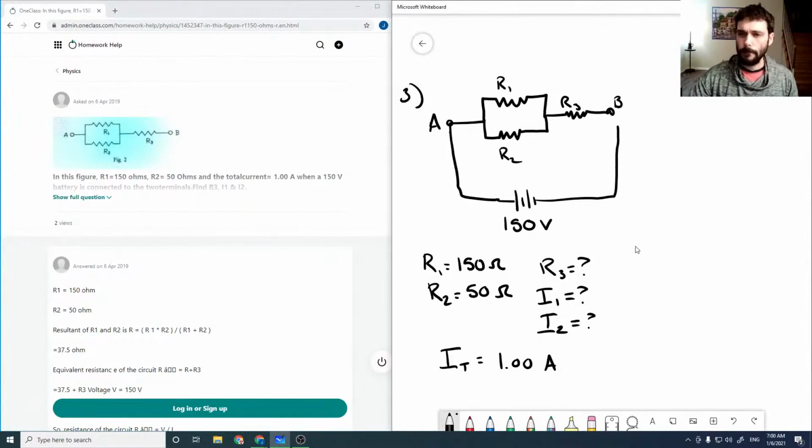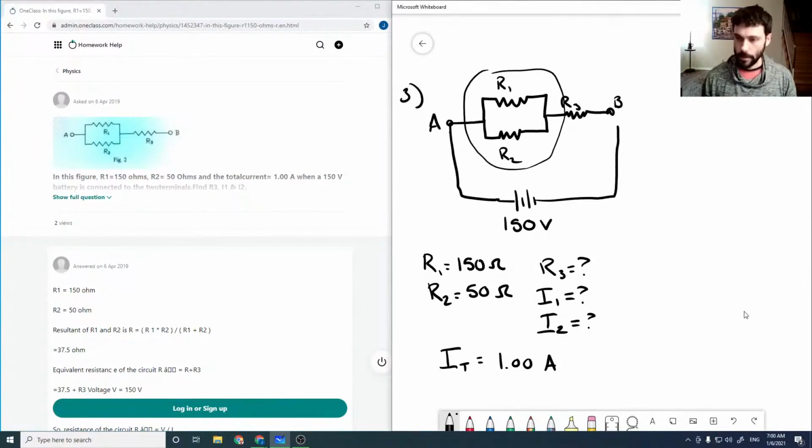Okay, so the first thing we'll have to do is compute our equivalent resistance in here.